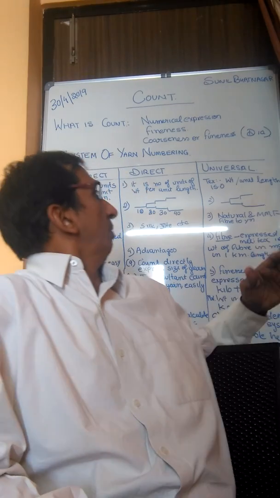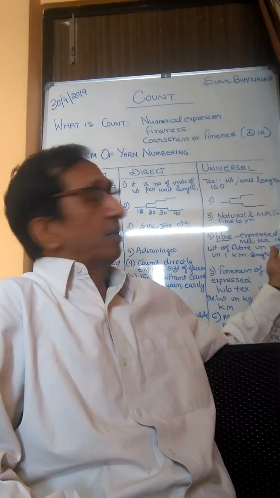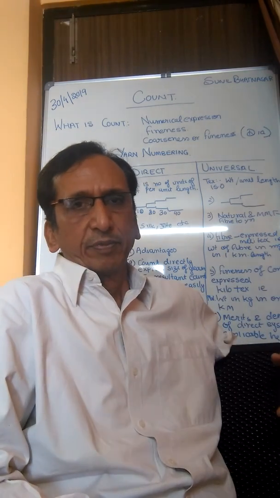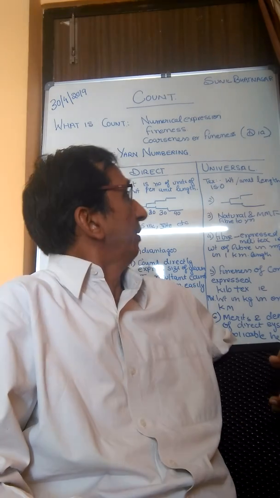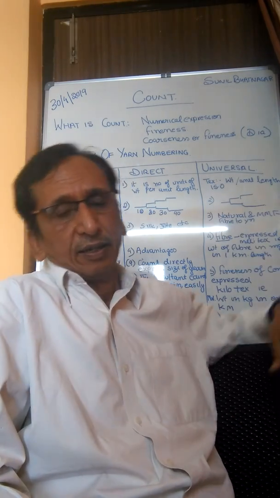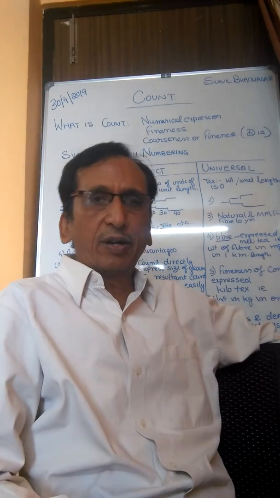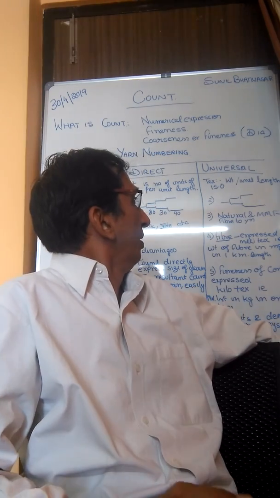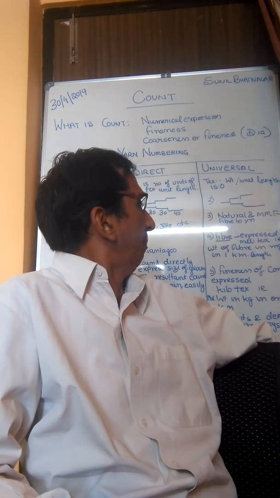Again, tex is weight per unit length, just like your direct system. It is used for natural and man-made fiber.